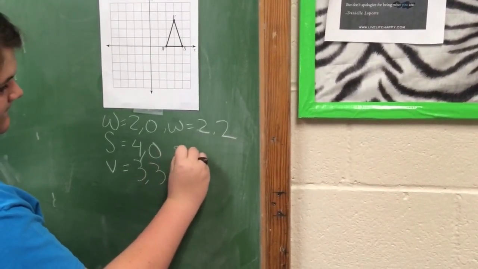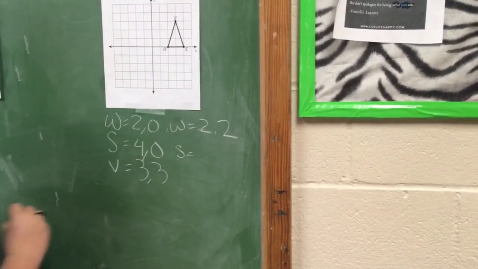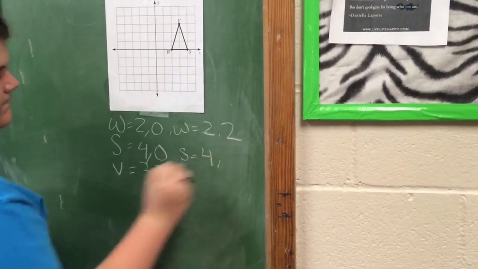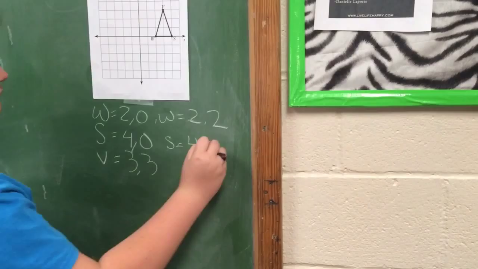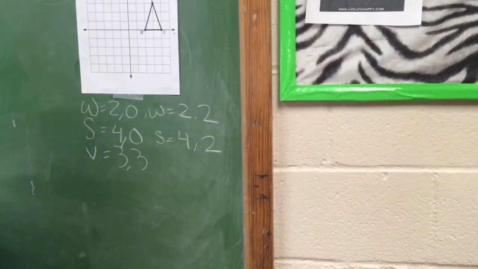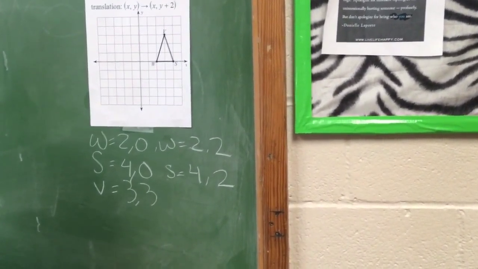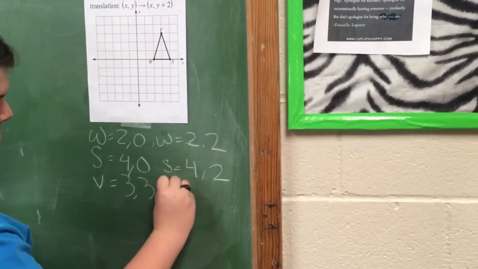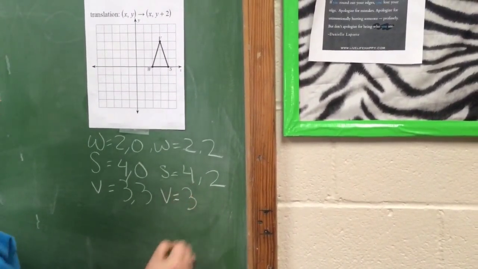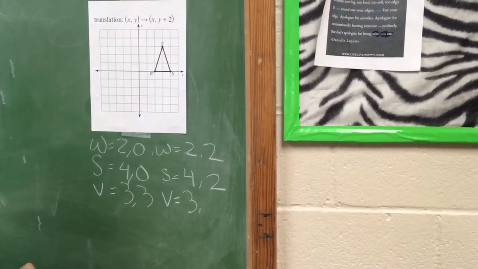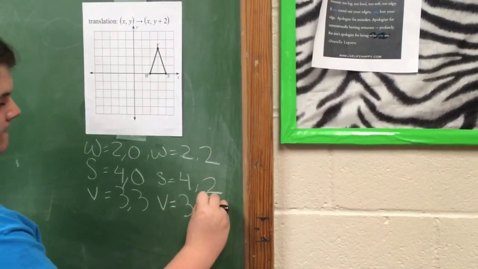Now on to S. 4 would stay the same. And you would take 0 plus 2, which would equal 2. So S's new coordinate is 4, 2. Now on to V. Your 3 would stay the same for your x. And you'd take 3 plus 2, which would equal 5.